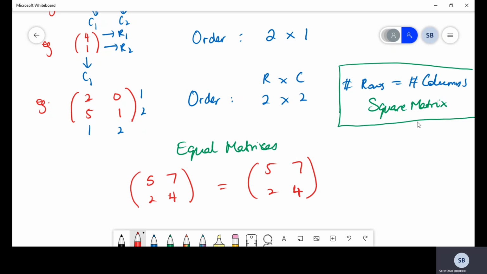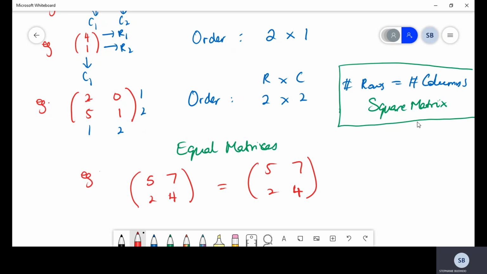Did I just say matrices? That's hilarious. I meant matrices, guys. Oh, tongue twister. All right, so we have two equal matrices when we have not necessarily square matrices.